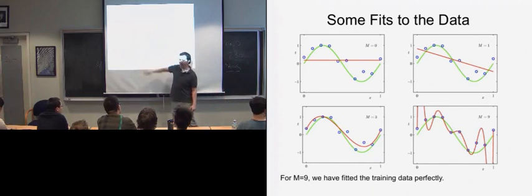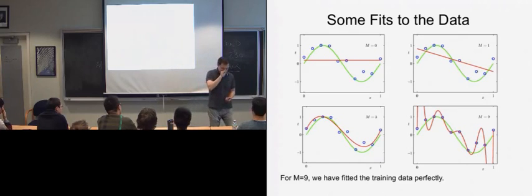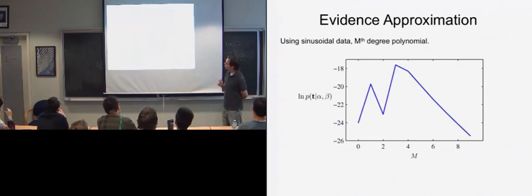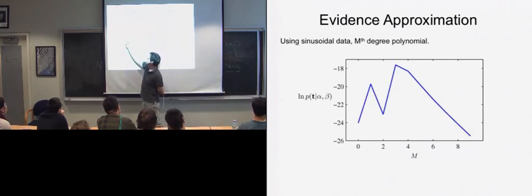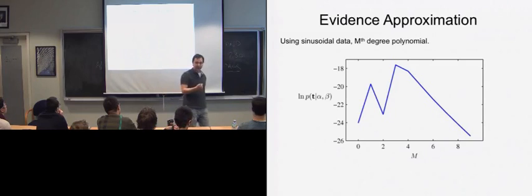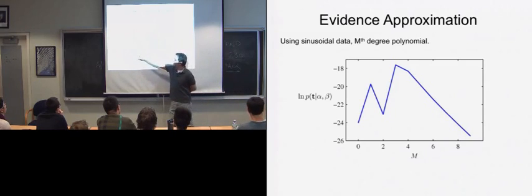The 3rd-degree polynomial was a reasonable explanation of the data. If we look at the marginal likelihood for this data set, where these parameters were actually fit to the data, notice what happens. This is the degree of the polynomial, and this is the marginal likelihood.